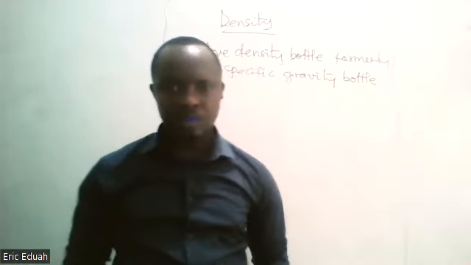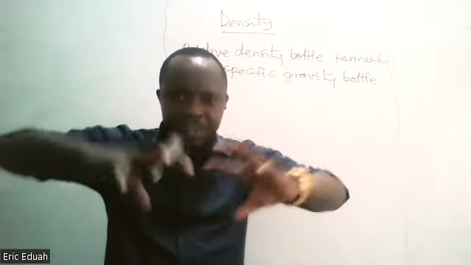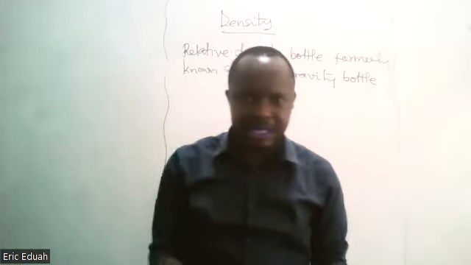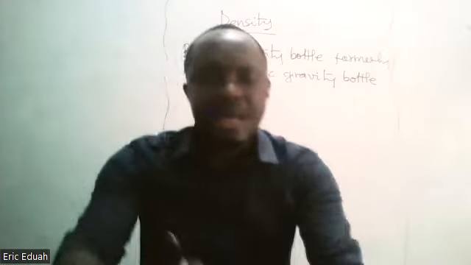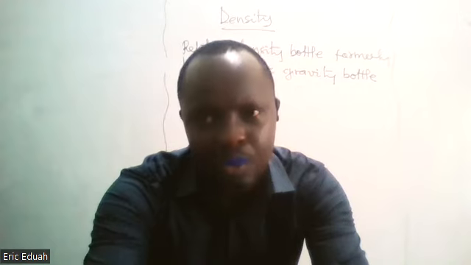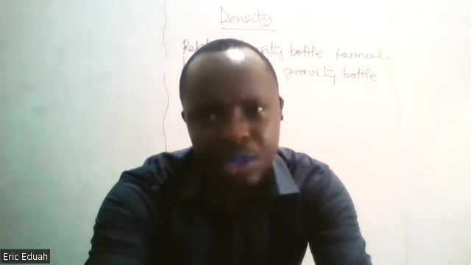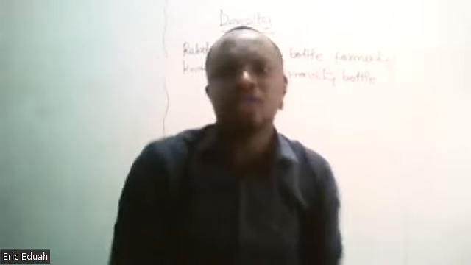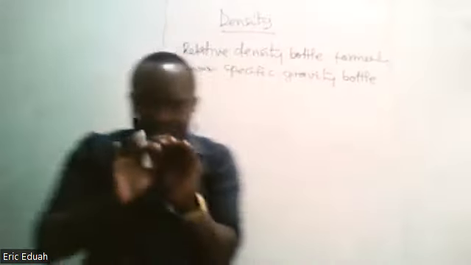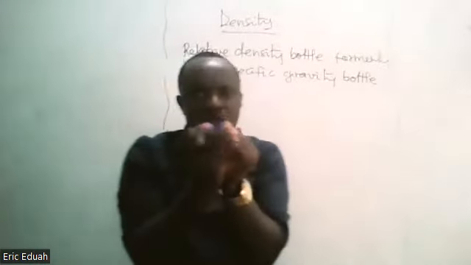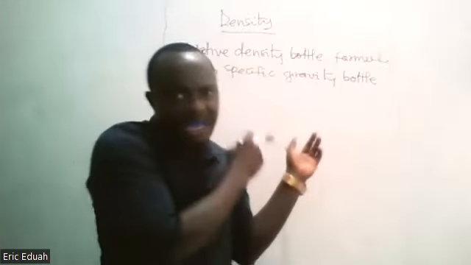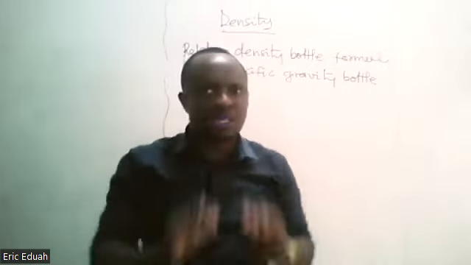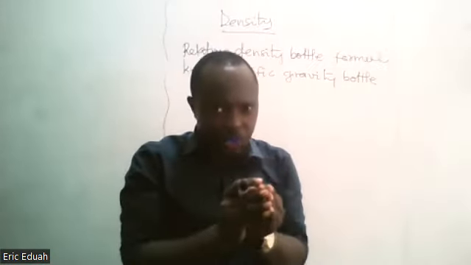We don't want to use a beaker, because when you use these things, errors can be introduced into the experiment. So we use a well calibrated and designed device, and that is the relative density bottle. It's just a small bottle.